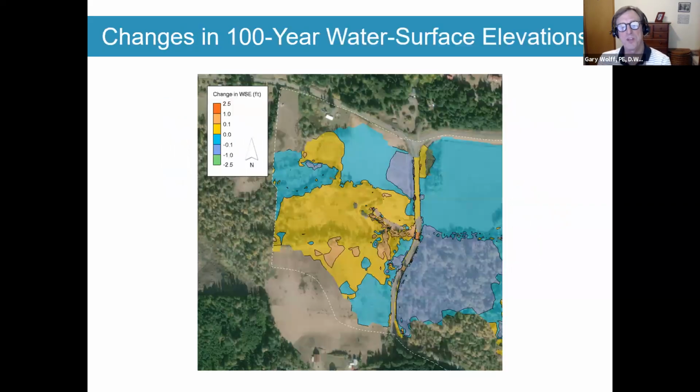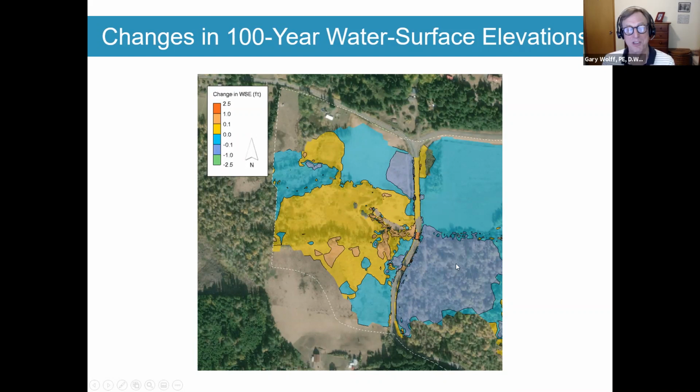So this slide then compares 100-year water surface elevations. You can see in the legend over here, we've got small changes, both negative and positive. The cooler tones are negative, the warm tones are positive. But you can see upstream of the bridge, actually we're reducing water levels, mostly small reductions between 0 and 1/10 of a foot.